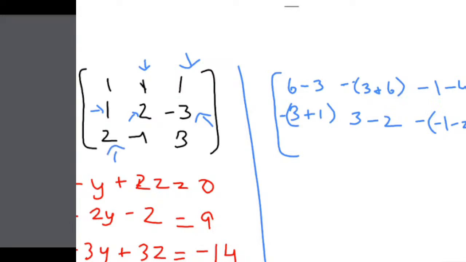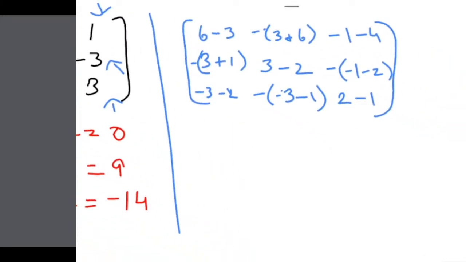For this element it is minus 3 minus 2, and then minus of minus 3 minus 1, and then finally for this element it is 2 minus 1. So this is the cofactors of A.